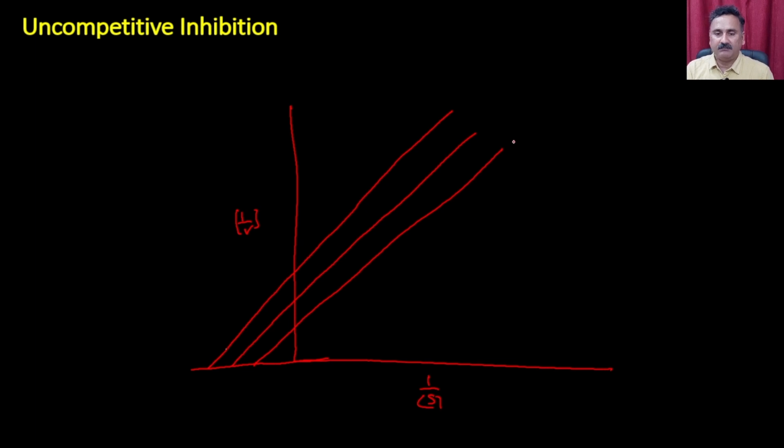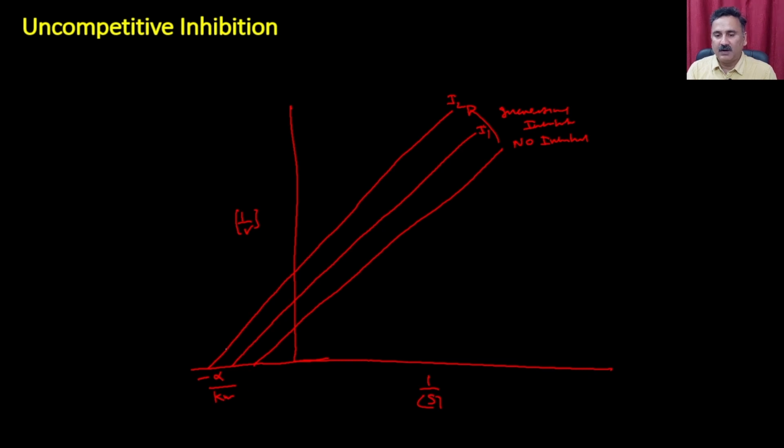And this is the no inhibitor, and from here to here, this is the inhibitor concentration 1, this is the inhibitor concentration no. So increasing inhibitor, okay, and as you increase the inhibitor, this is going to be minus alpha by Km.